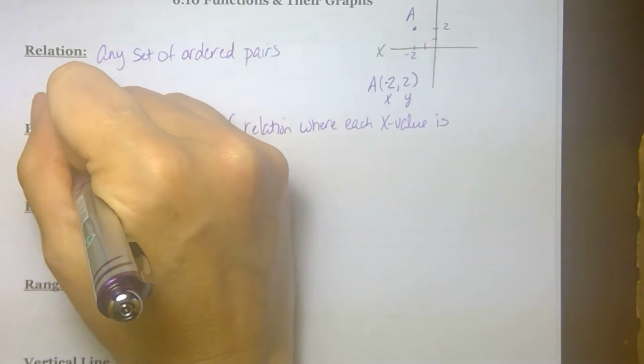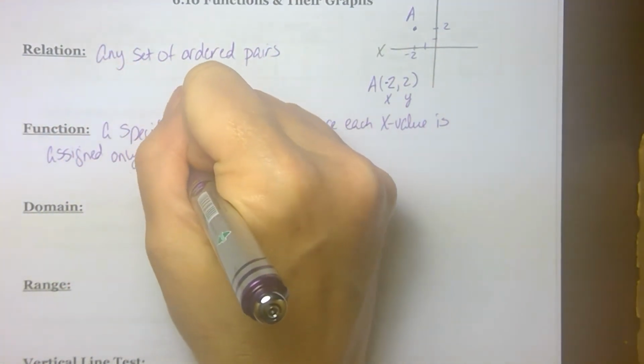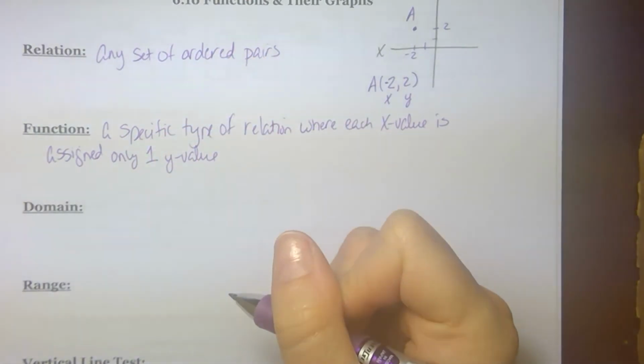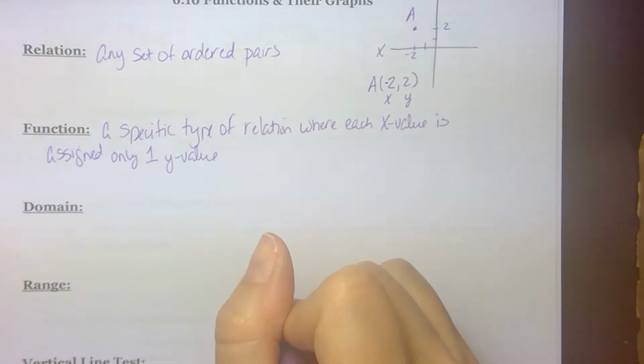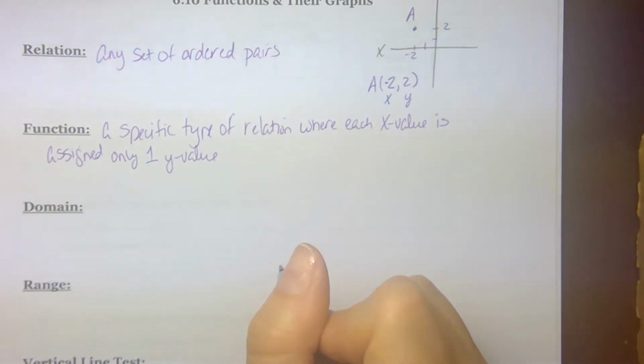Each x value is assigned only one y value. So if I plug an x into my equation, I get out one value for y every single time.